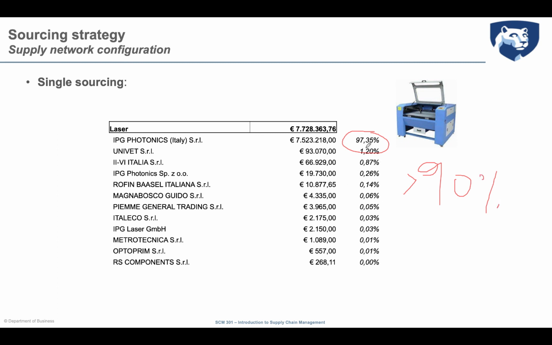Again, we've discussed that some other suppliers can be present for different reasons. One is the maverick buying, due to the fact that not everyone really respects what has been told by purchasing, by saying that just one supplier needs to be addressed. But basically speaking, when there is something higher than 90%, it can be considered single sourcing.